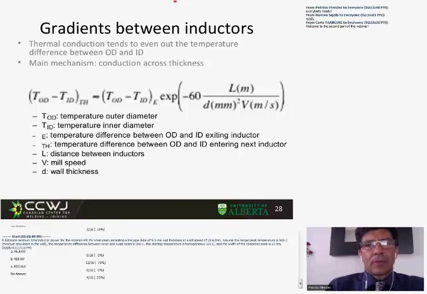So being under an inductor heats up our tube, but heats it up unevenly. How do we try to even out the temperature? Evening the temperatures is very important, because otherwise we can overheat the outside. We can have coarsening problems. We can even reach melting if we do it really badly.